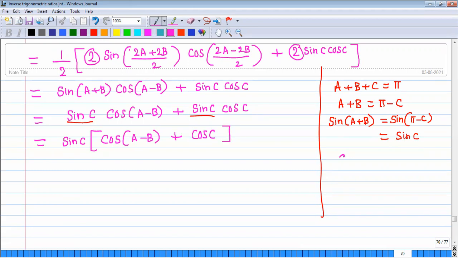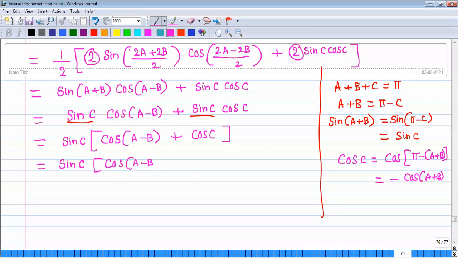Cos c equals cos of 180 degrees minus (a plus b). Cos of 180 minus theta is minus cos of (a plus b). So instead of this, you can write sin c into cos of (a minus b) minus cos of (a plus b).